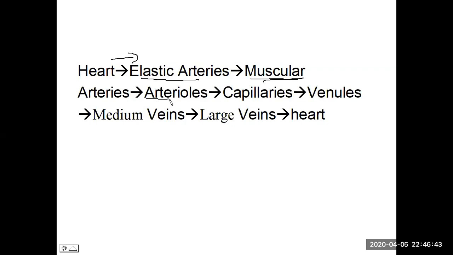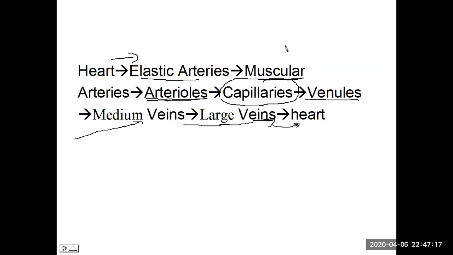Starting to shed the three tunic appearance. That's now where we have the smaller arterioles, which will then branch, depending on the location, depending on the organ, to one of those three types of capillaries. So now we could have the interaction with the tissues, and then our small size veins leading and merging to medium sized veins, and then ultimately the large veins, such as the vena cava, are returning blood to the atrium.